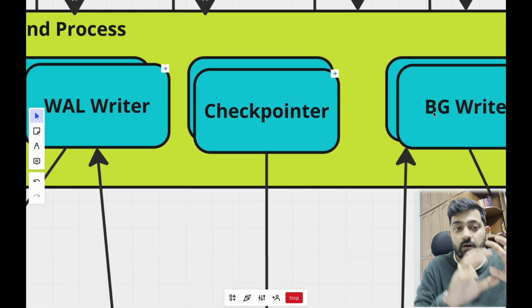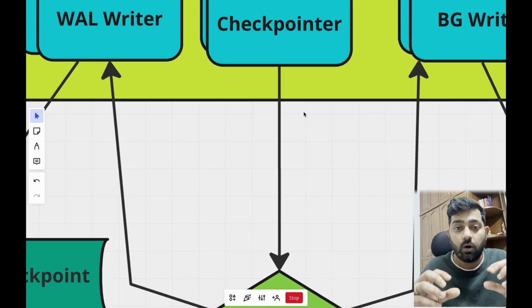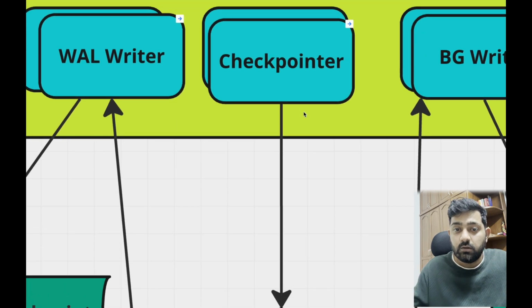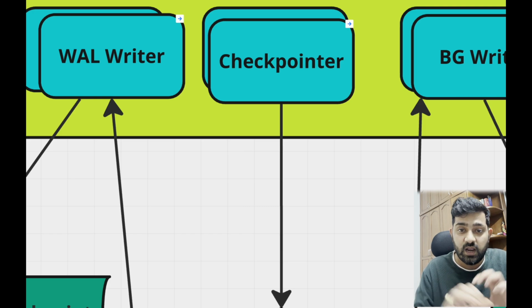Once it makes sure that all the dirty writes, or dirty copies of that data, have been written into disk and finalized, it logs that checkpoint again onto the WAL log file.